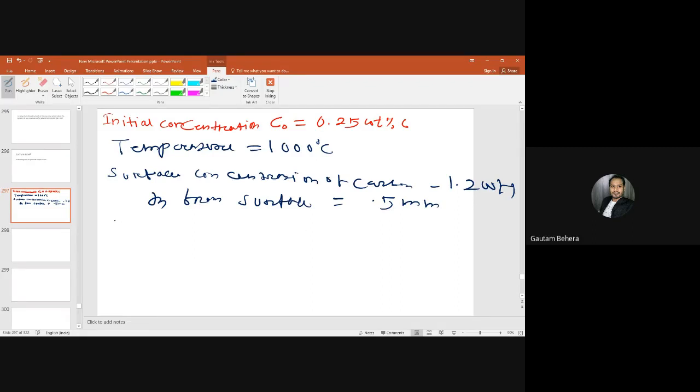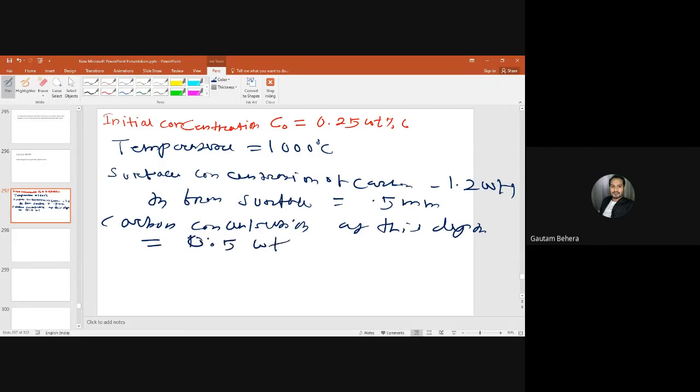The carbon concentration at this depth will be equal to 0.5.